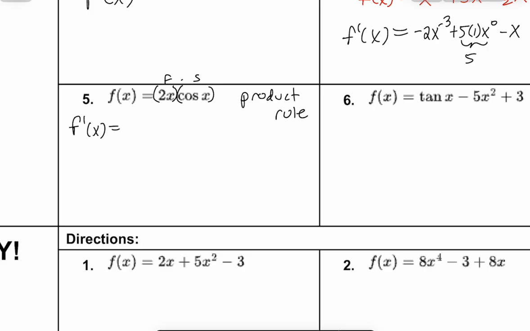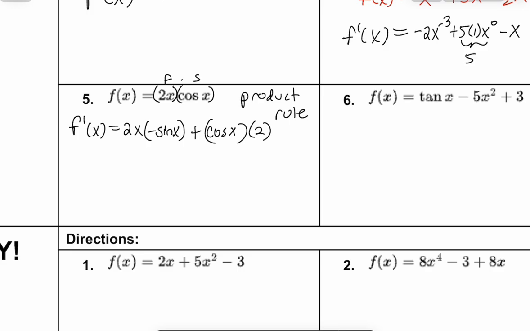Now, it is the first times the derivative of the second. Put everything in parentheses or 2x, especially like that negative sign, so it looks like a multiplication. Put that in parentheses. Plus the second times the derivative of the first. So that's one way you can write what we did.